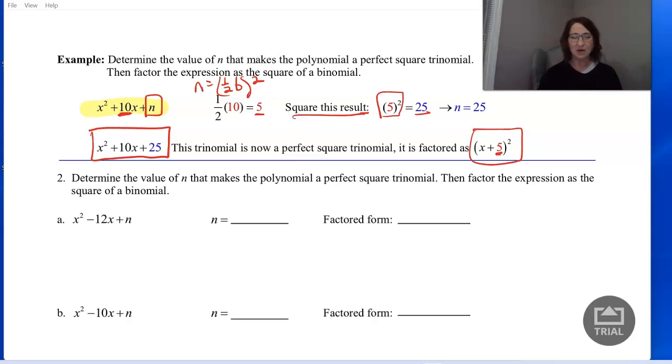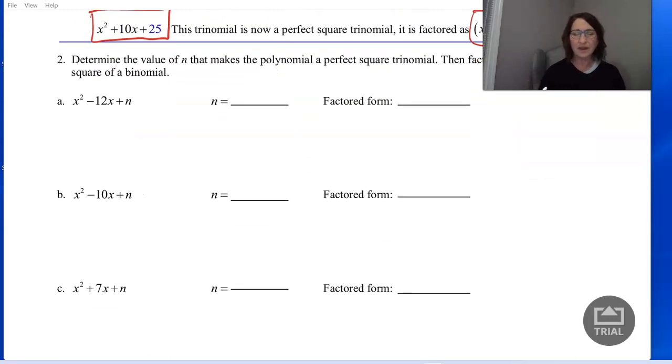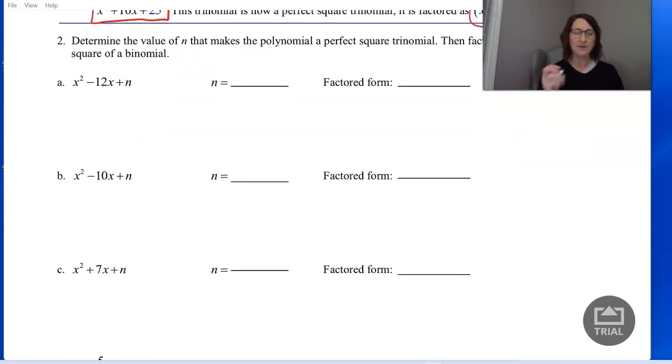Okay, so let's go ahead and do a few of these. So I'm looking for my n in this first example here, x squared minus 12x plus n. Okay, so n is going to be 1/2 of b, squared.